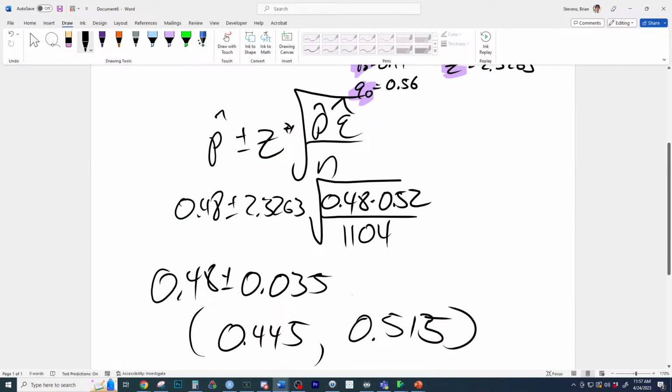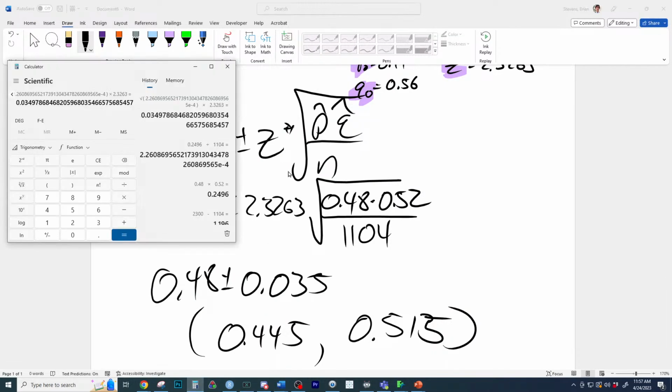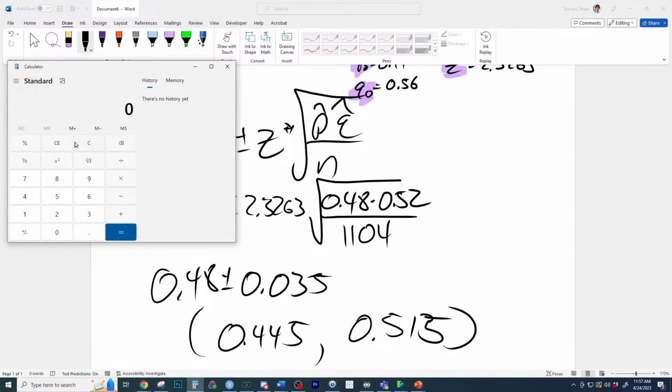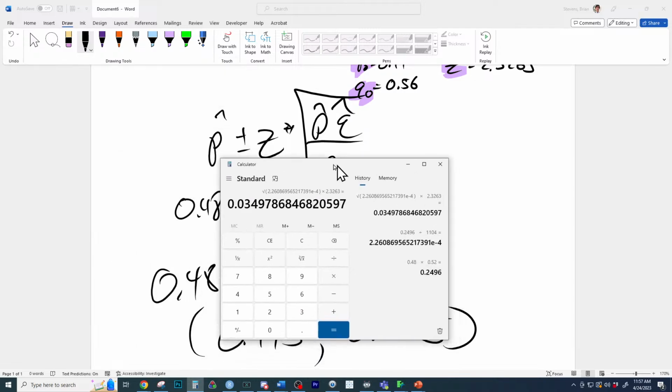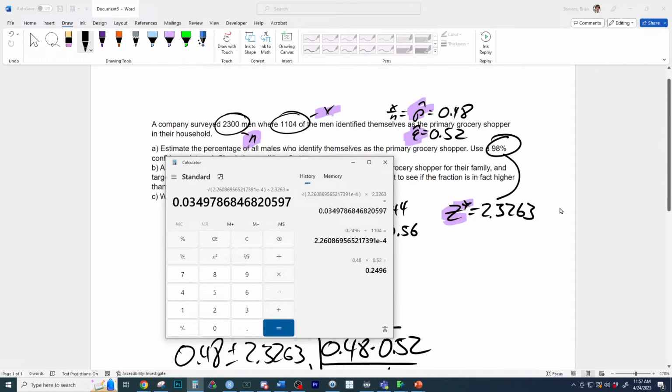I did it in my head to end. Let me check the math over here again. I'm going to go away from the scientific calculator. Blame it on the scientific calculator. Did I calculate p hat wrong?